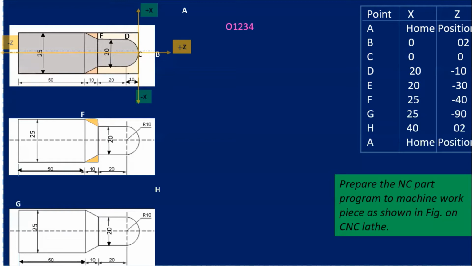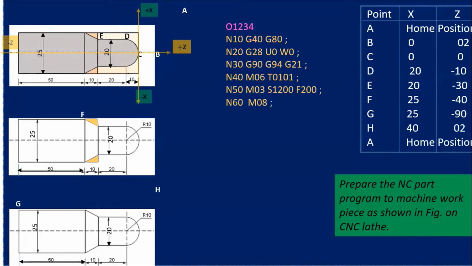Next, the structure of the part program is divided into three parts. The first part, which I'm showing from the N10 to N60 block, is common to almost all the components. We'll see one by one. Block number N10, where N is the block number: G40, G80.